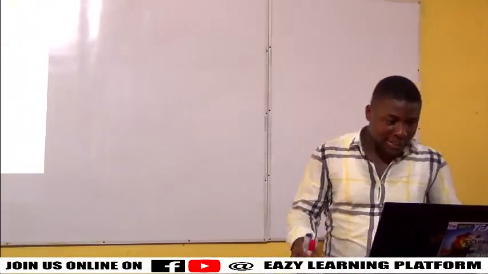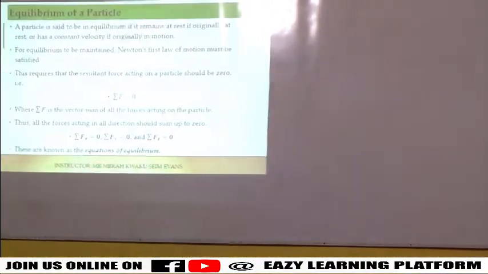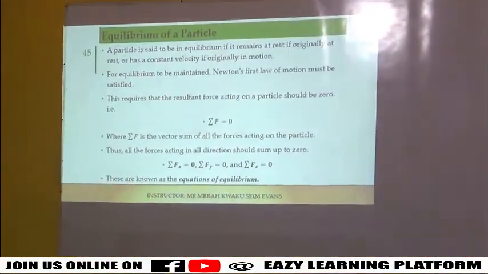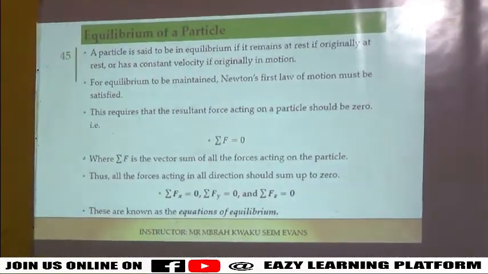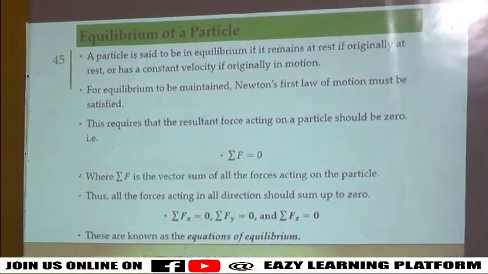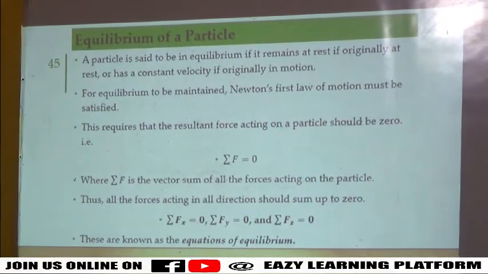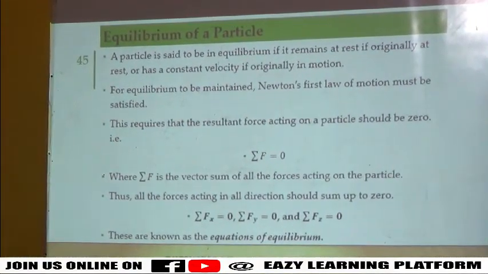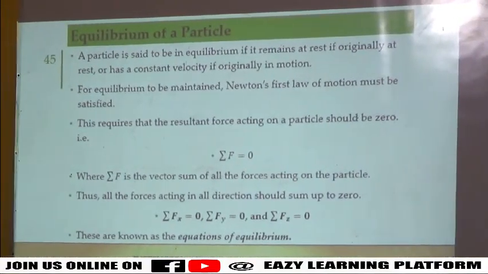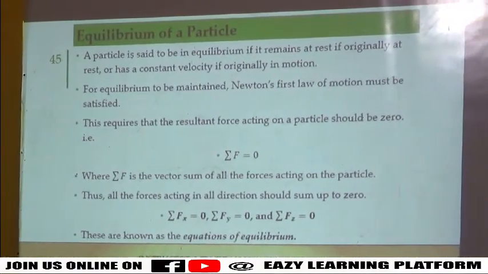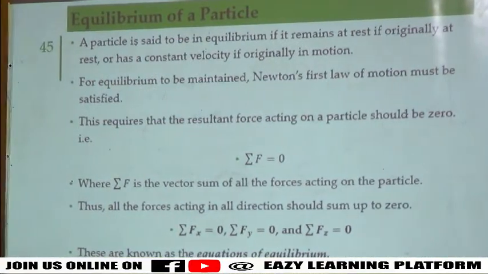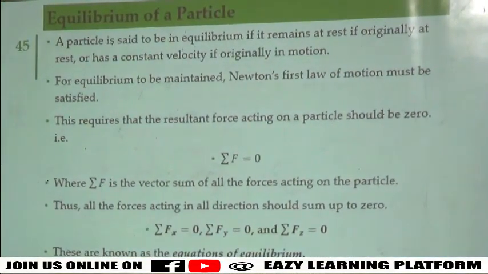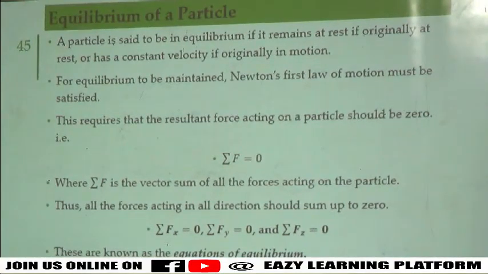A particle is said to be in equilibrium if it remains at rest, if originally at rest, or has a constant velocity if originally in motion. For equilibrium to be maintained, Newton's first law of motion must be satisfied. So if you want to maintain equilibrium, Newton's first law of motion must be satisfied.